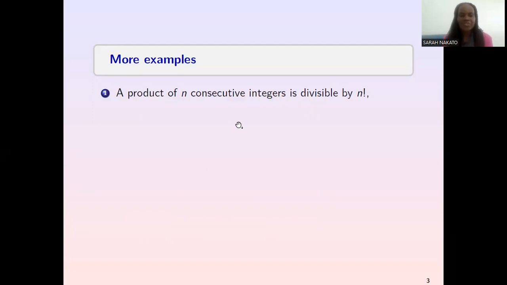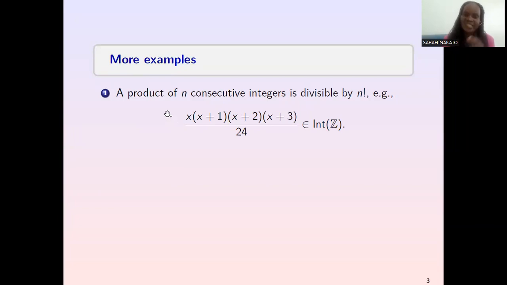We know that a product of n consecutive integers is divisible by n factorial. What does that mean? If I pick such a polynomial and put in an integer, I'll get n consecutive integers, or in this case, 4 consecutive integers. They have to be divisible by 4 factorial, which is 24.